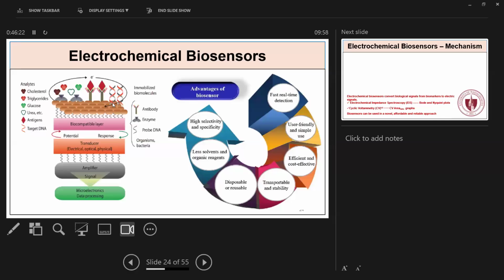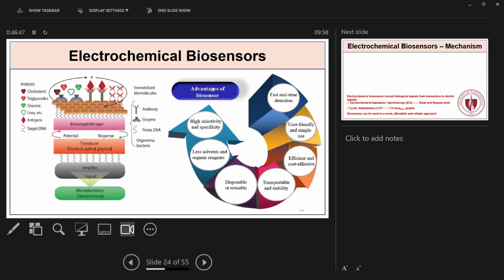Proteins and antibody couple together and create a biological interaction, right? Then the transducer can be electrical, optical, or physical, and then it amplifies the signal and then data processing. So this is the main working principle. And what are the advantages?